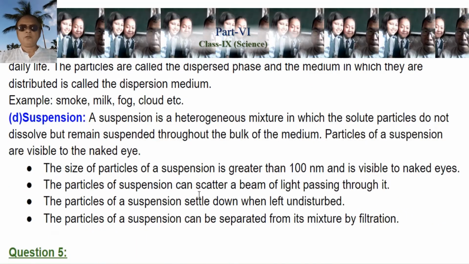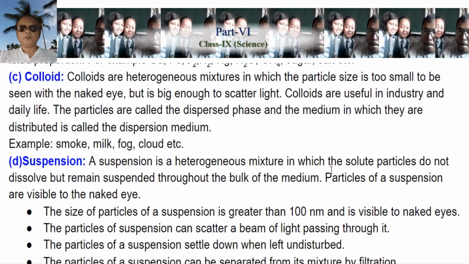Now we will define suspension. A suspension is a heterogeneous mixture in which the solid particles do not dissolve but remain suspended throughout the bulk of the medium. Particles of suspensions are visible to naked eyes.